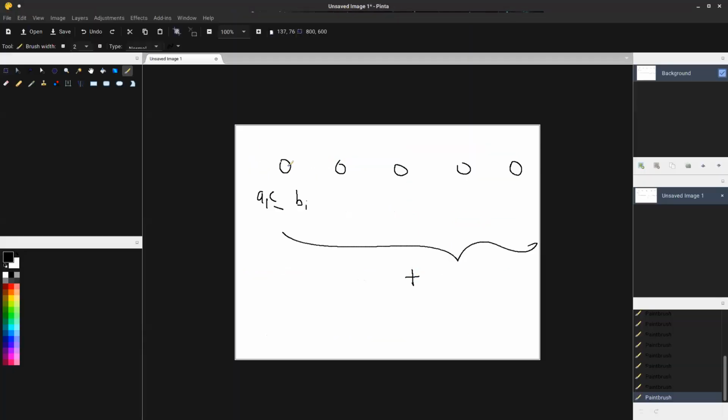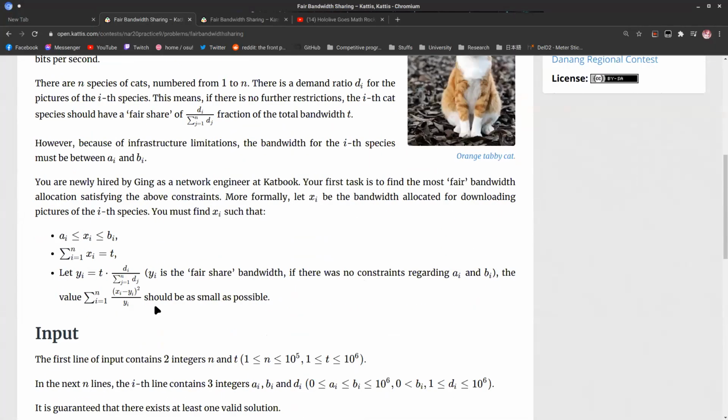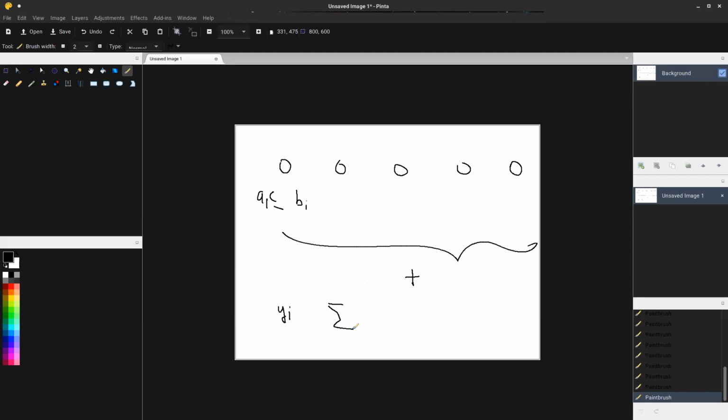And for each element, you can also calculate the parameter Yi, and you need to minimize the sum of (x minus y) squared divided by y, where x is the array. So this is the problem.